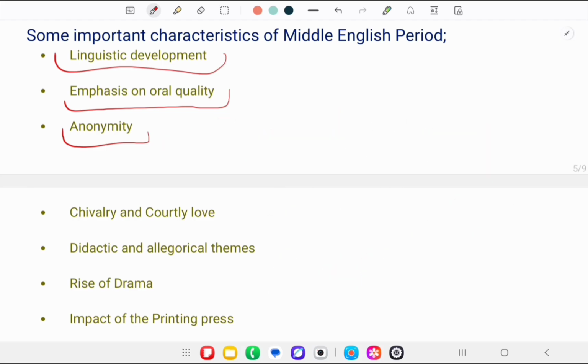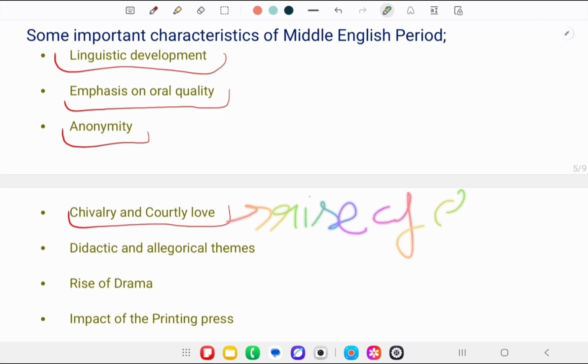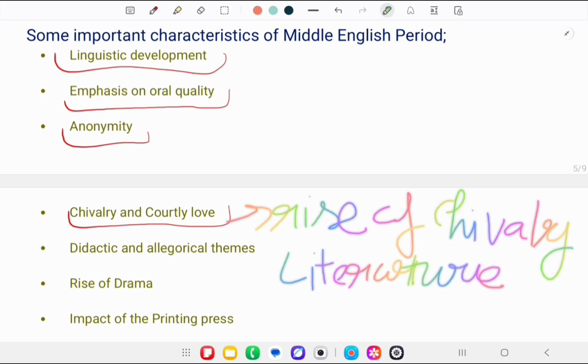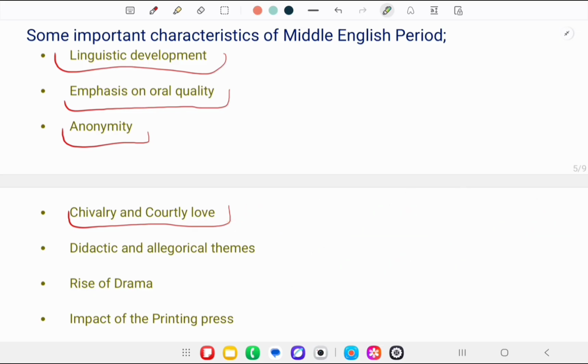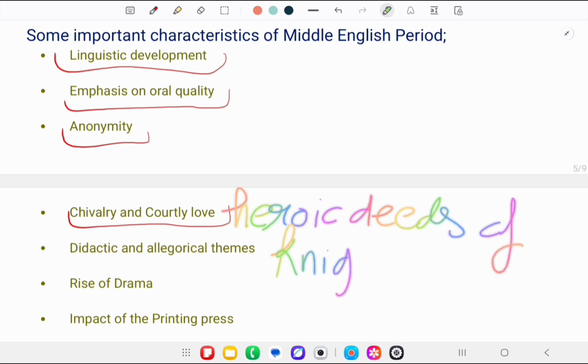After that, chivalry and courtly love. This period is defined by the rise of chivalric literature, a continental style that focused on the heroic deeds of knights.